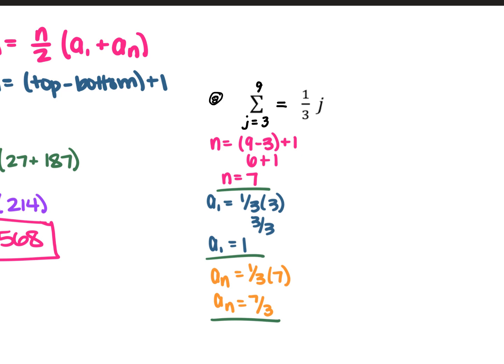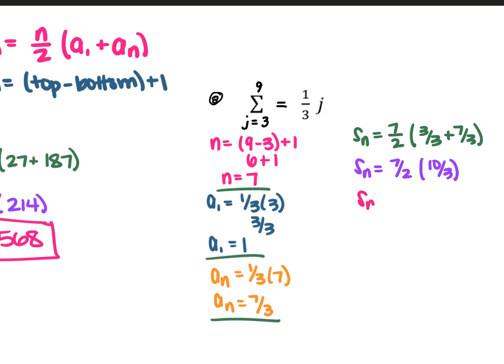This gives you s sub n is equal to 7 over 2 times 1 or 3 over 3 plus a sub n, which is 7 over 3, which simplifies to give us s sub n is equal to 7 over 2 times 10 over 3, which simplifies to give us s sub n is equal to 70 over 6. They're both even numbers, so simplify it further, and that's 35 over 3.